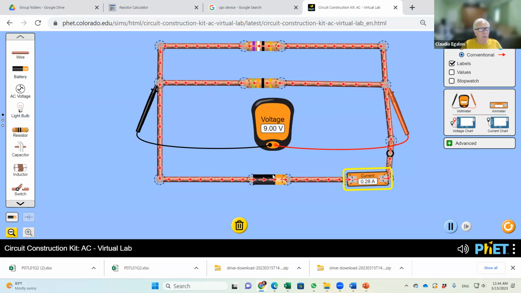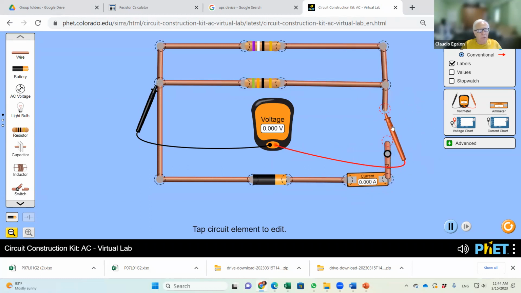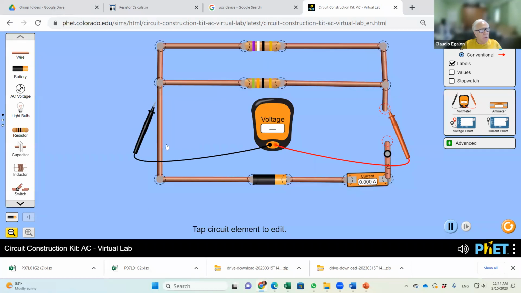Now, suppose that I make a mistake, and people usually make mistakes when they are playing with those circuits for the first time. Suppose I decide to connect my voltmeter in series, between those 2 points. See? There's no element in there.